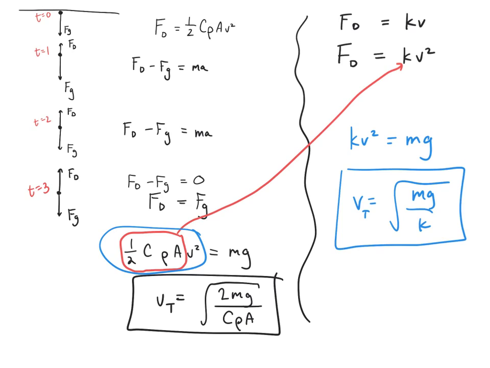And in the second scenario, it would be kilogram over meter. Yeah, the k units will change based on the 2 equations. The 1/2 c rho a won't. The general formula won't change between the turbulent and laminar flow.